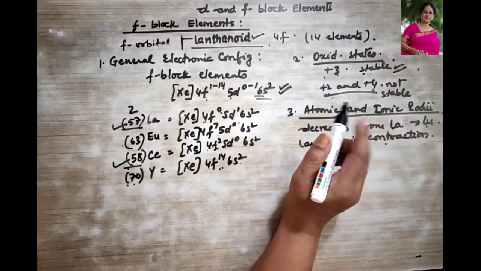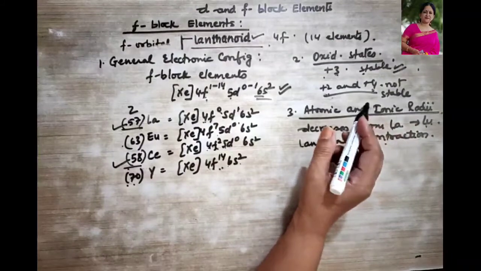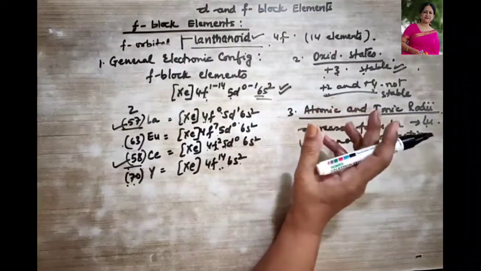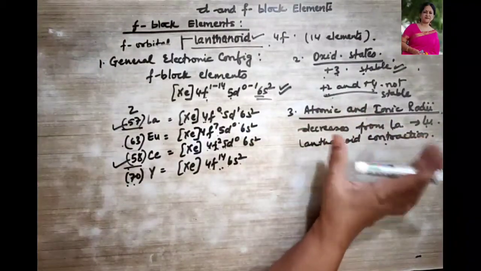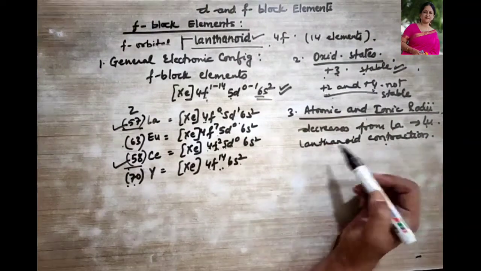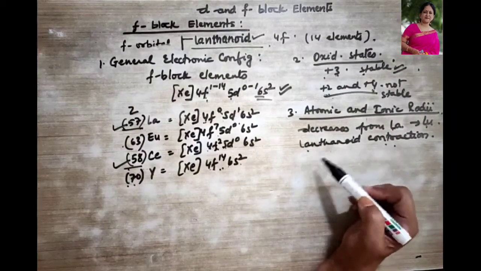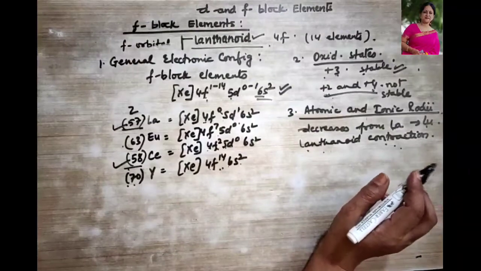So this also causes the regular contraction in the size of the lanthanoids. Thus, the sum of the successive contractions gives the total lanthanoid decrease, and hence we say that the lanthanoid series shows contraction, which is also termed lanthanoid contraction.